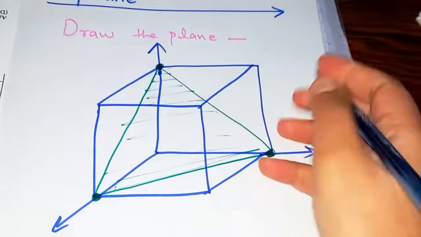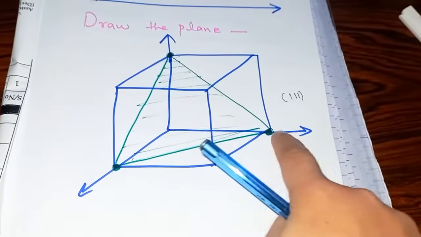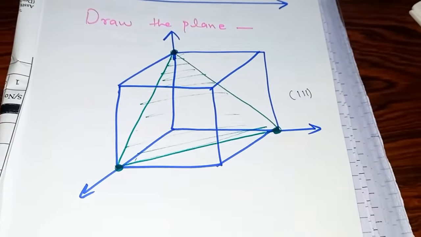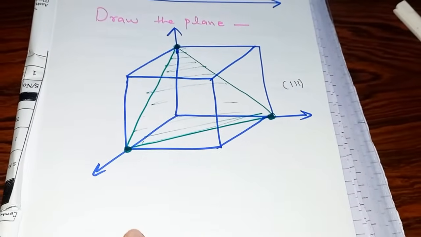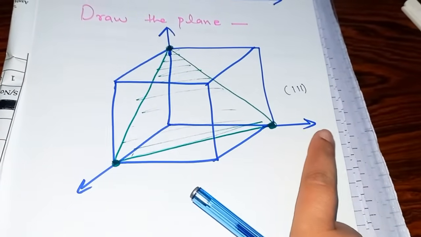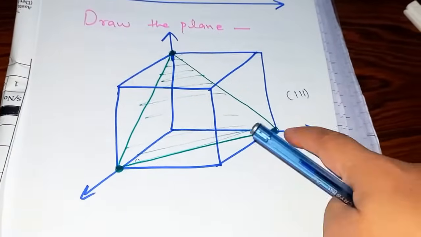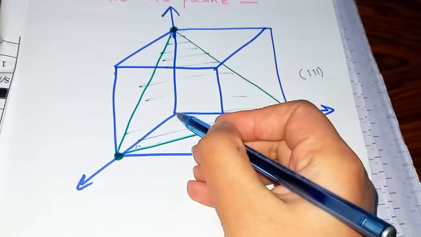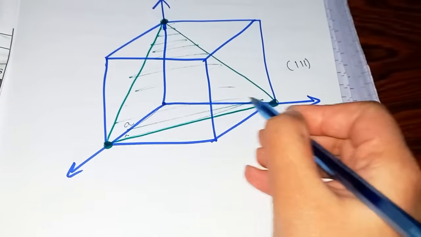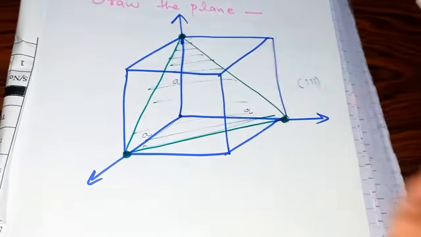That is the 111 plane, and you can see that it's in triangular form, and to be specific, it's an equilateral triangle. By equilateral triangle we mean that all the sides of this plane are equal in length, and we can even confirm it. We know that this lattice parameter is a, the lattice parameter along y is a, and this length is also a.